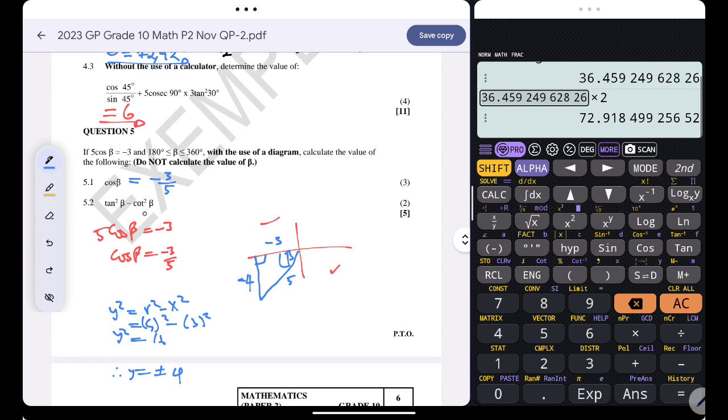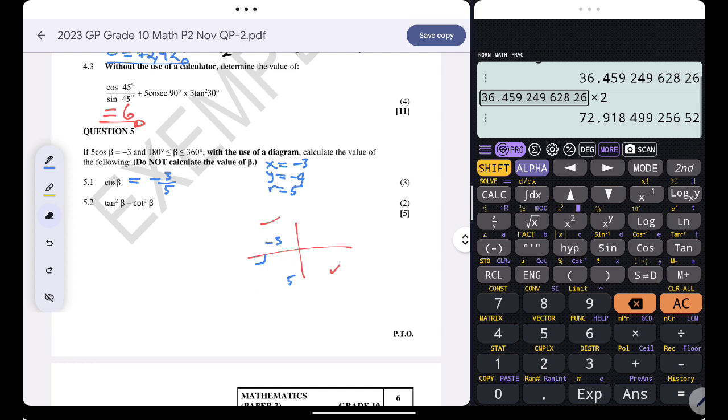And then to find the second one, remember that now the value of x is equal to negative 3, y is negative 4, and then r is 5. So this thing, tan squared, tan is equal to y over x, right?